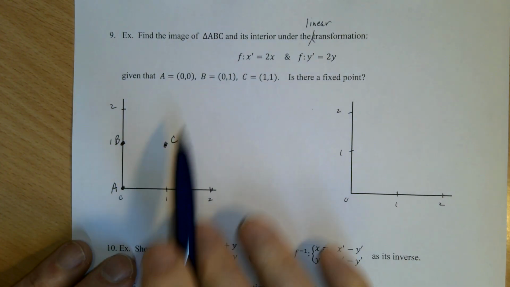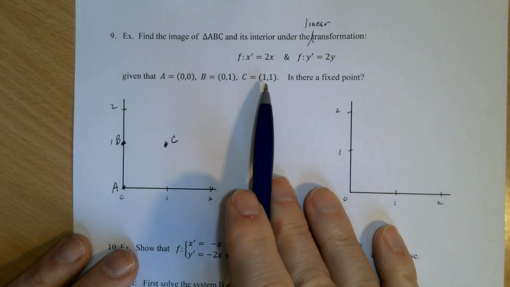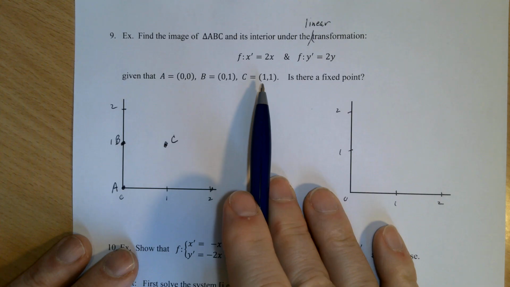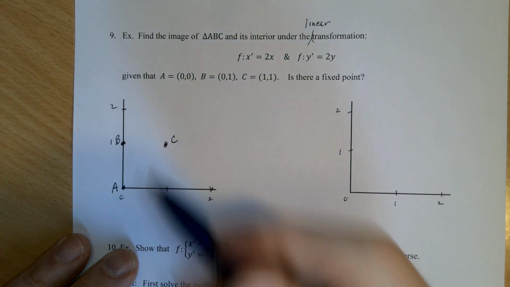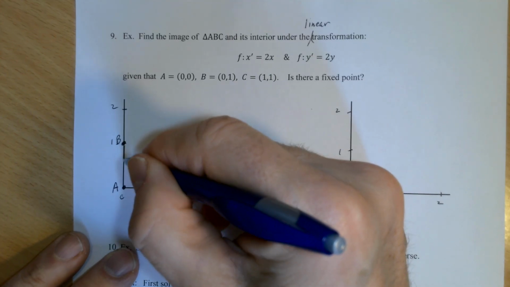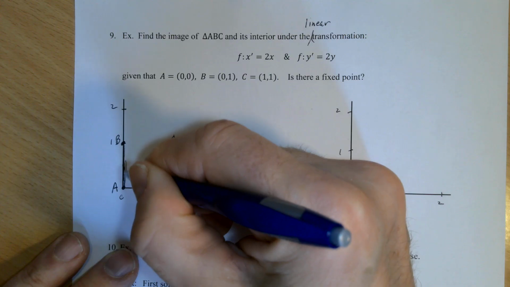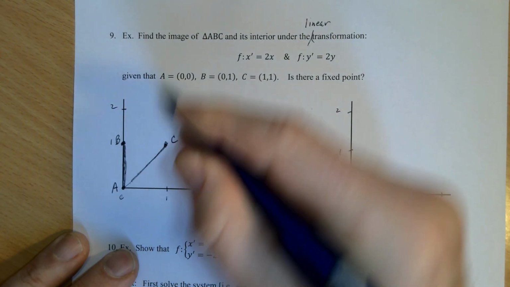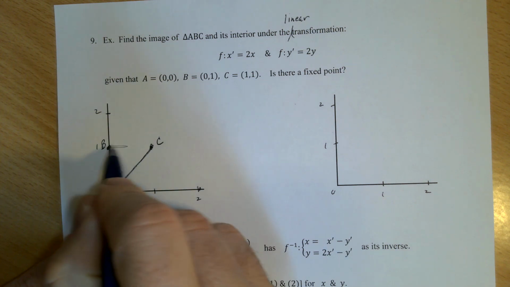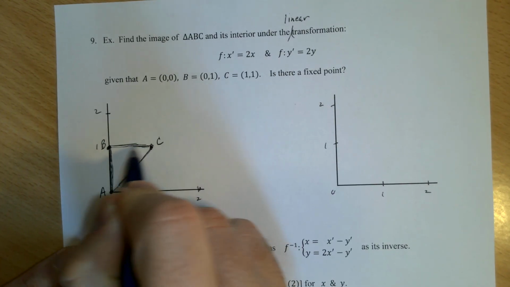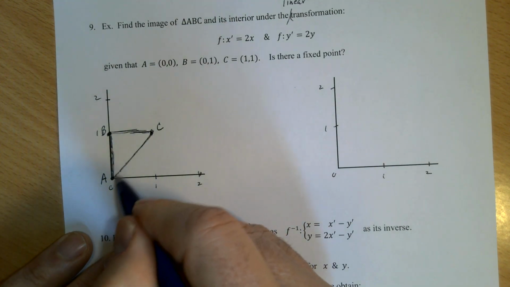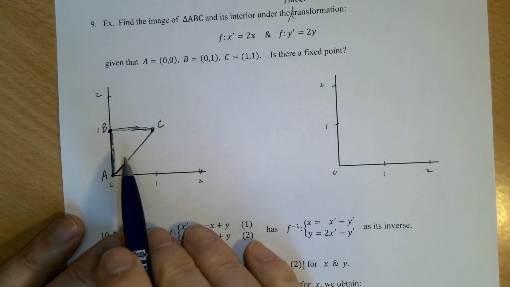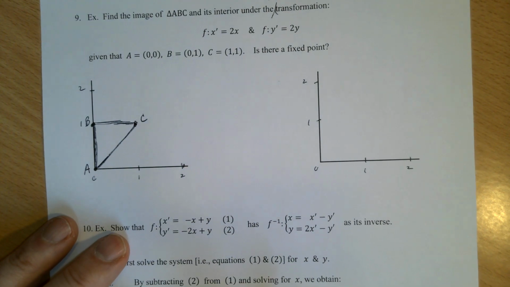Okay, so we plotted A, B, and C. Let's go ahead and draw the triangle. Okay, there's the triangle ABC. We'll worry about its interior later.